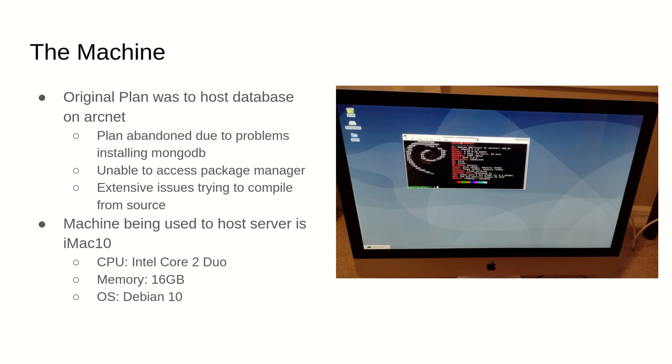This was a relatively modest and older machine featuring an Intel Core 2 Duo CPU, but it did have 16 gigabytes of memory, so overall its hardware specifications, while not ideal at all, were sufficient. I made the decision to install Debian 10 due to my overall familiarity with the operating system.